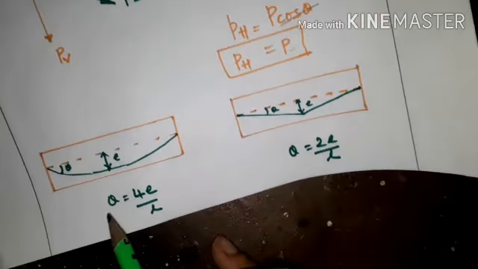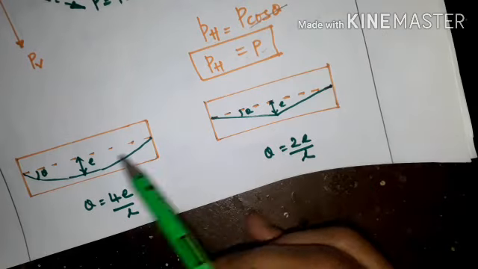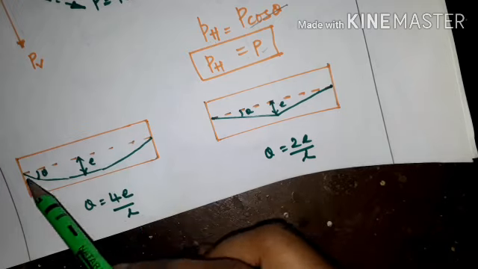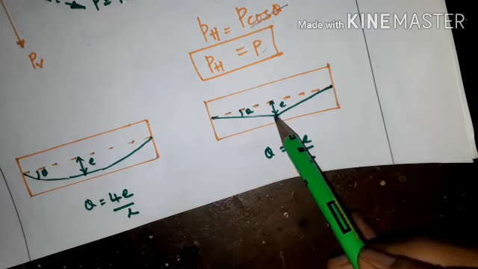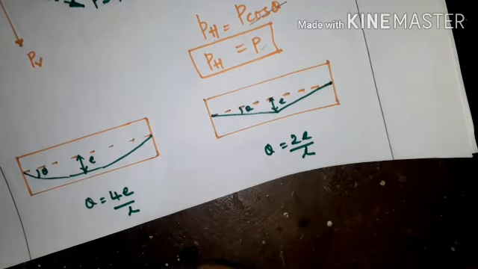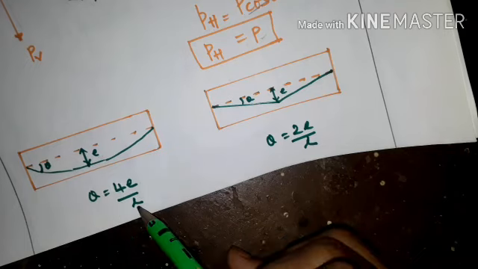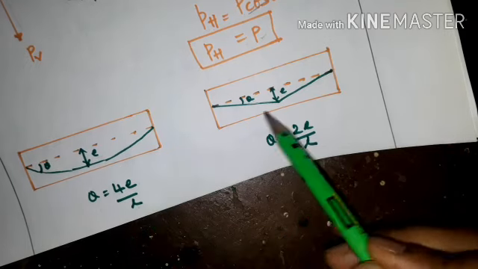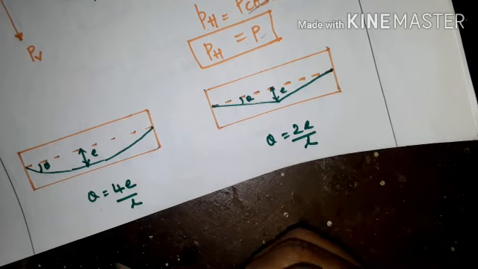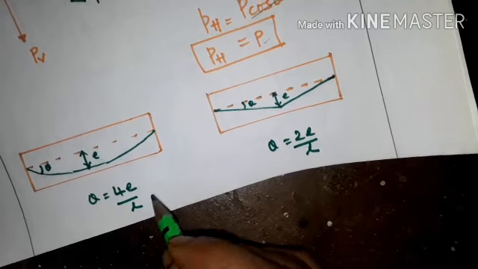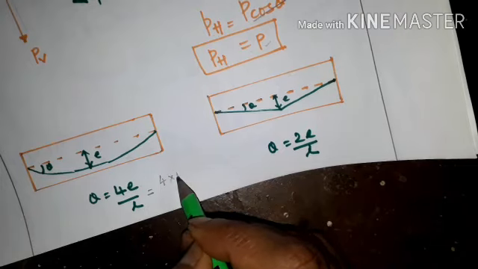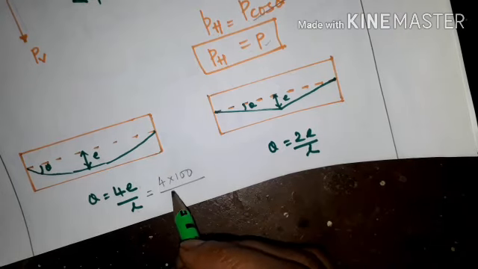Next, if we get a cable profile like this, we have first the parabolic cable profile, then the sloped cable profile with eccentricity E at midspan. For a parabolic cable we use theta is equal to 4E by L, and for sloped we use theta is equal to 2E by L. In this case, if I calculate theta, it is 4 times E, which is 100, divided by L, which is 10,000.